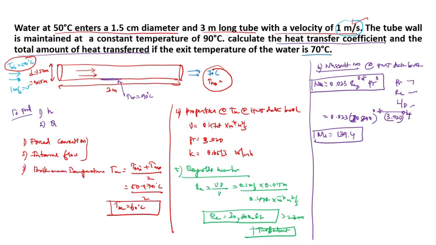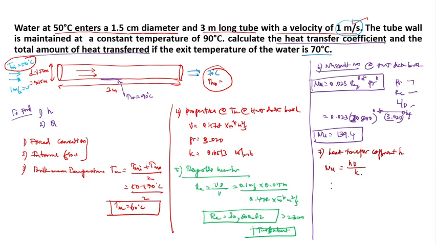Next, you are going to find the seventh parameter, the heat transfer coefficient h. Nu is equal to hD divided by k.